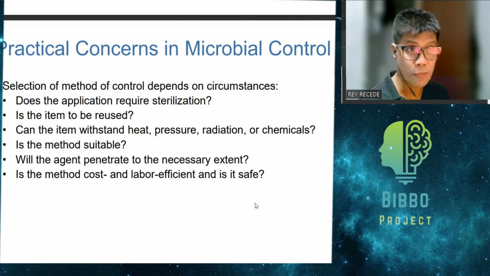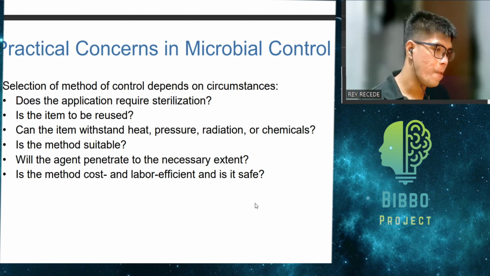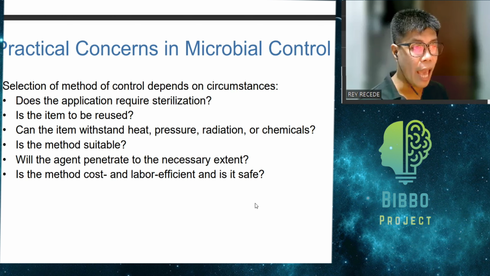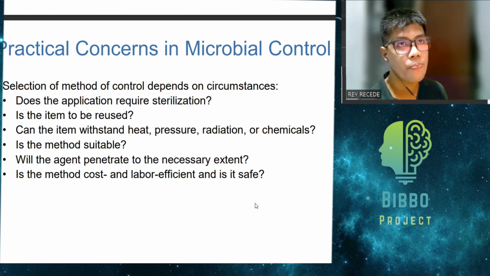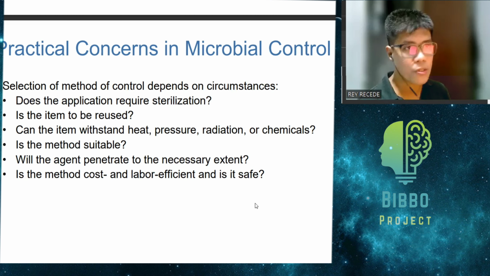Is the method suitable? Is it the best method to be used in that situation? Will the agent penetrate to the necessary extent? Lastly, is the method cost and labor efficient? And is it safe? We cannot use a specific method just because we want to.